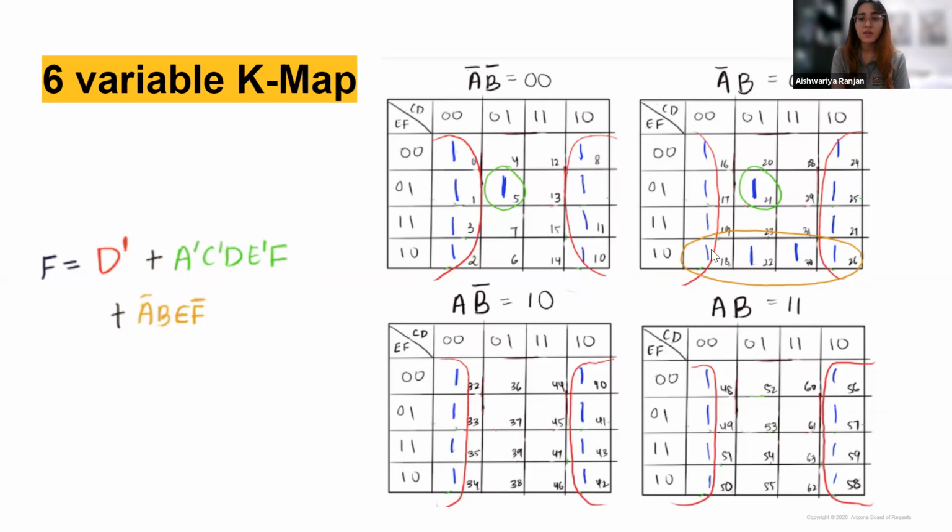So it's contained in this row where E is 1, F is 0. And it's only in this Kmap. So this Kmap's identity is expressed by this. So you have A bar B, E, F bar. That's how we express this here.